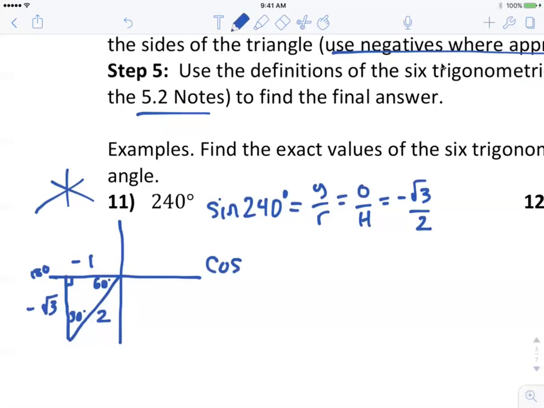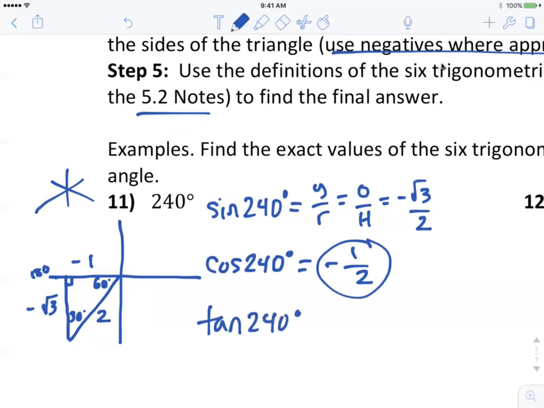You can hit pause and try these on your own, and you can compare with mine, or I'll just keep going. Cosine of 240 is x over r, or adjacent to the 60 over r. Either way, you're going to see that negative 1 over 2. Tangent 240 is opposite over adjacent, or y over x.